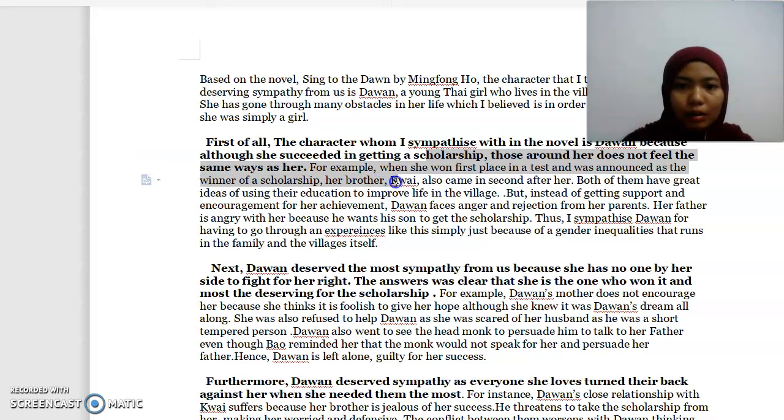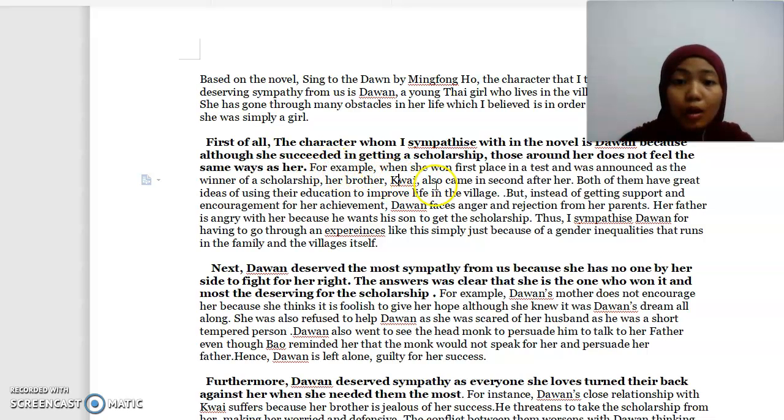So, how can I relate these evaluations with evidence? For example, you must put "for example" or "for instance", so that they can differentiate your supporting details from your main point.